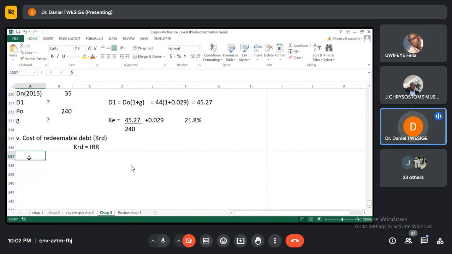Which data do I need to get the NPV? First, I need the interest. I have the par value or the nominal value of the debt, which is given as 1,000.